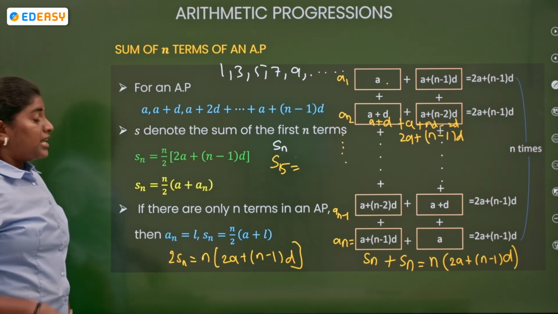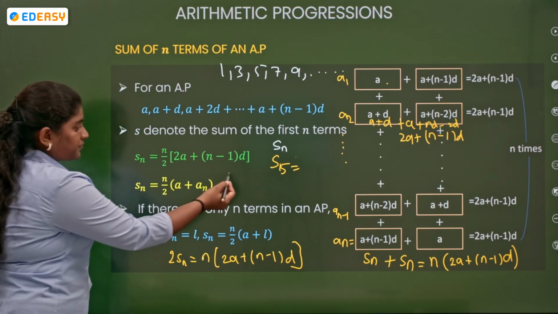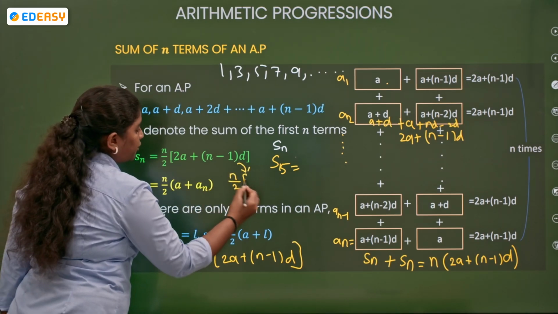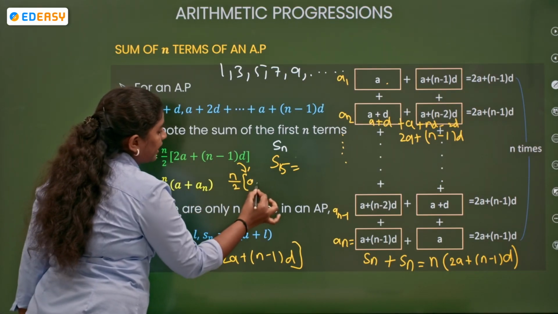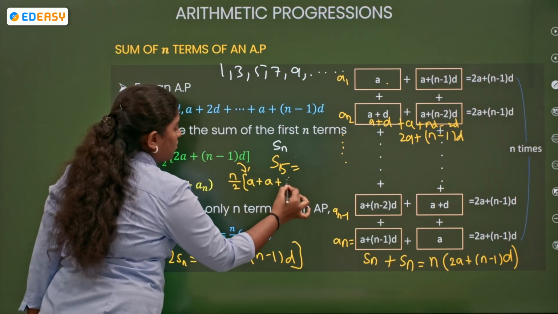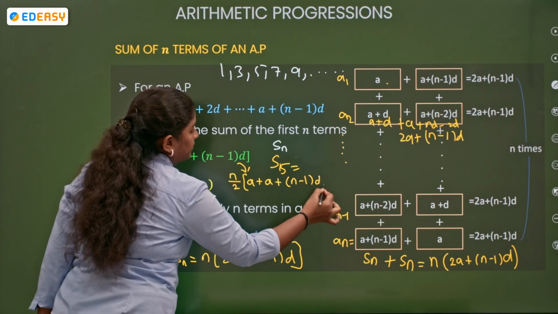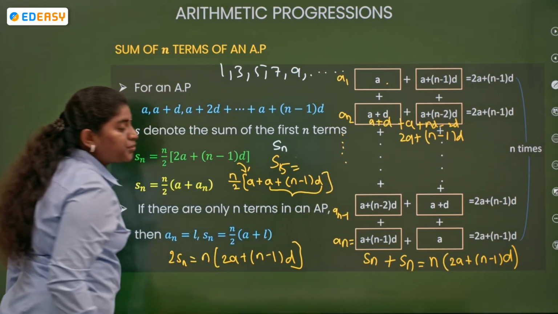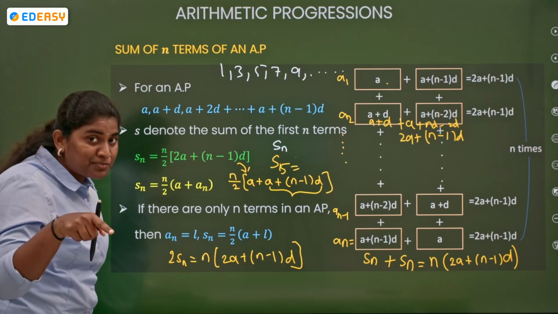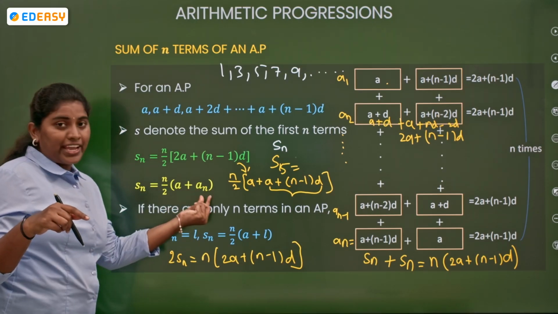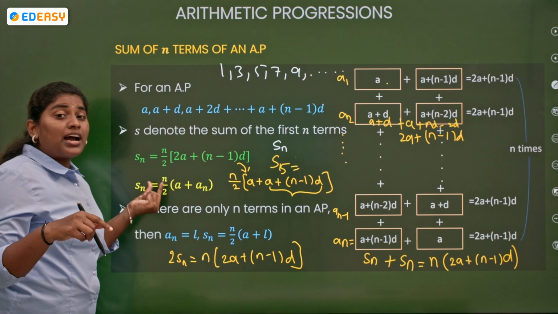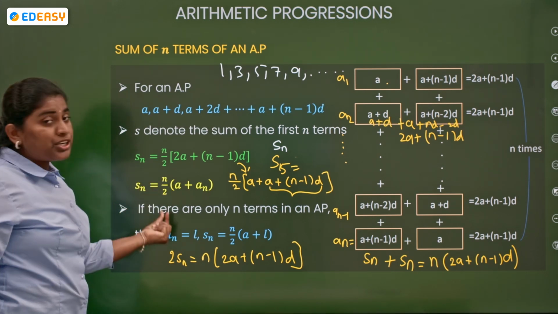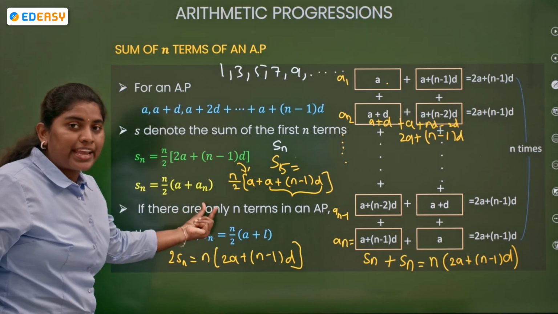Now let's see another magic here. I split this as n by 2 into a plus a plus of n minus 1 into d, writing my 2a as a plus a. What is a plus of n minus 1 into d? That is nothing but your nth term, an. So we got our Sn, the sum of first n terms, as n by 2 into a plus an.